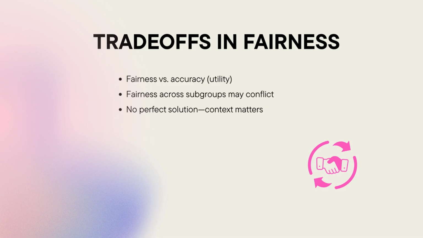These tensions don't mean fairness is impossible, but they highlight that context matters. The right balance depends on the stakes, domain, and ethical priorities. Fairness is less about perfect solutions and more about transparent choices that reflect values and minimize harm across populations.